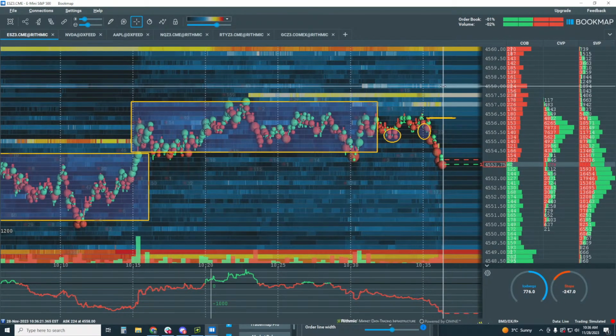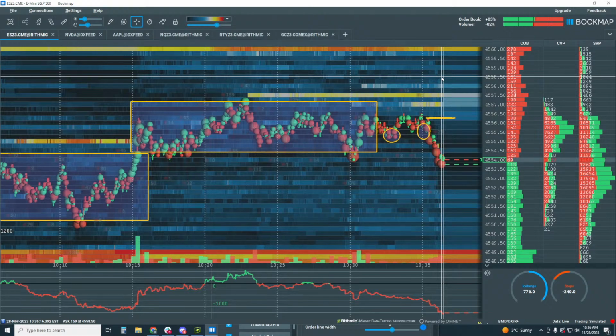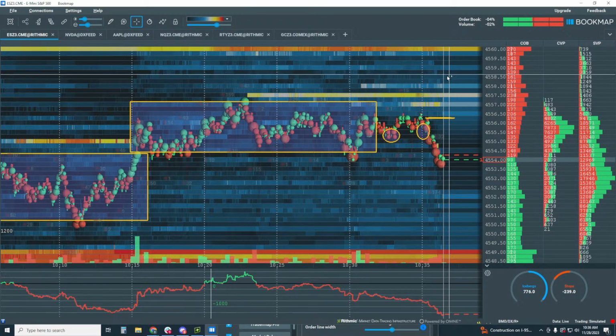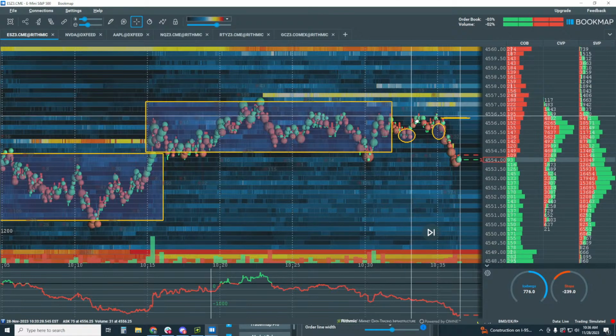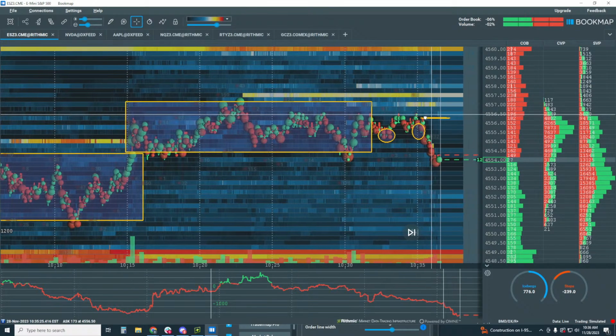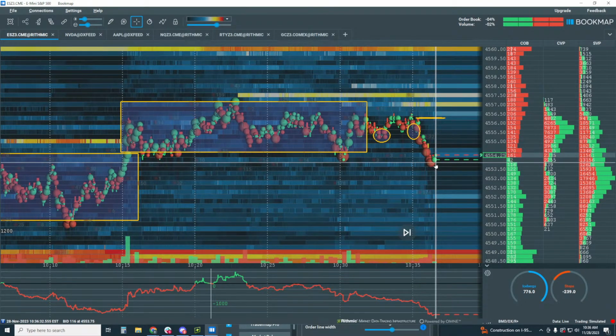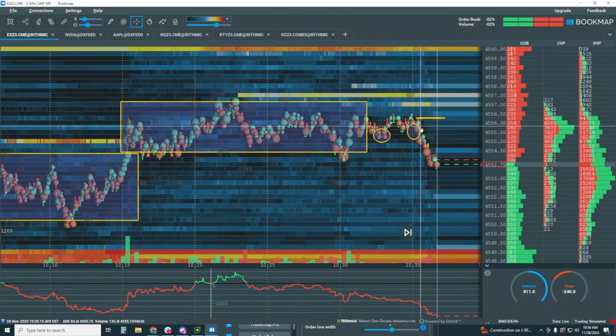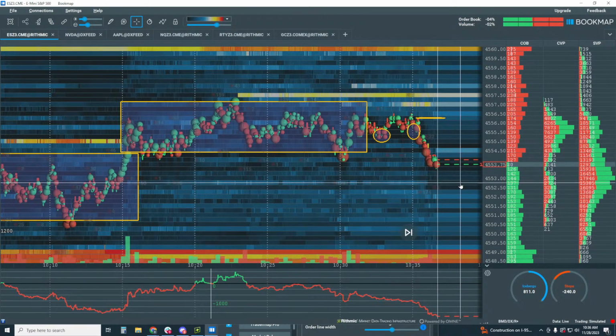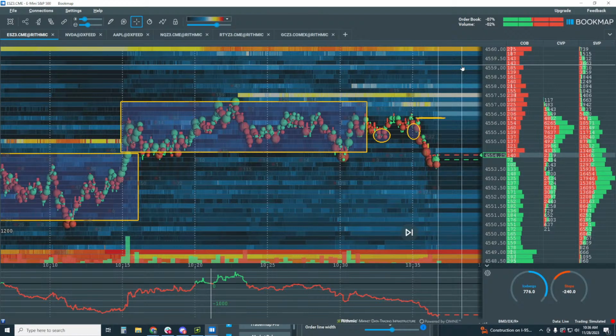Understood. We had our reasons for the breakout, now we also have reasons for a breakdown. And the volume looks pretty good on the sell side, so still looking for it to go to the downside here.